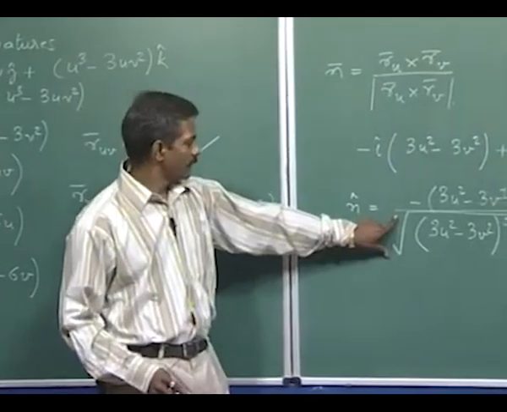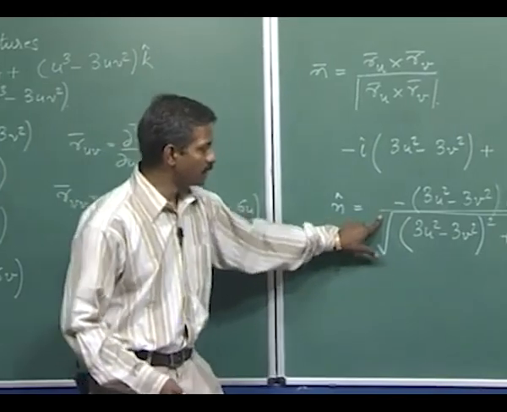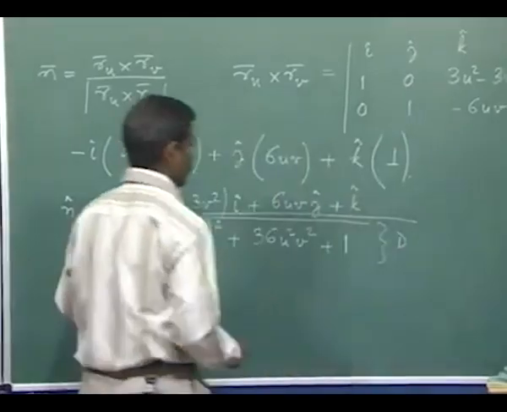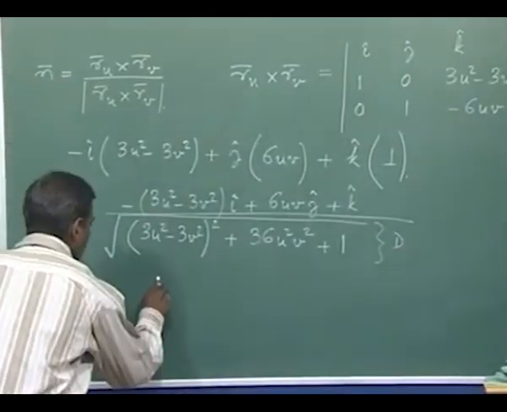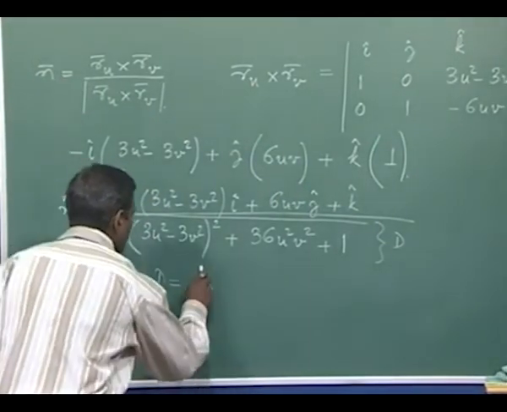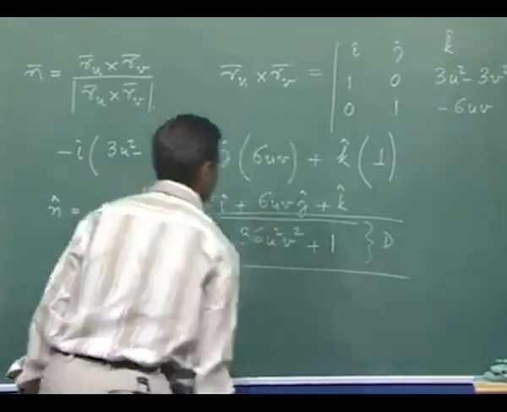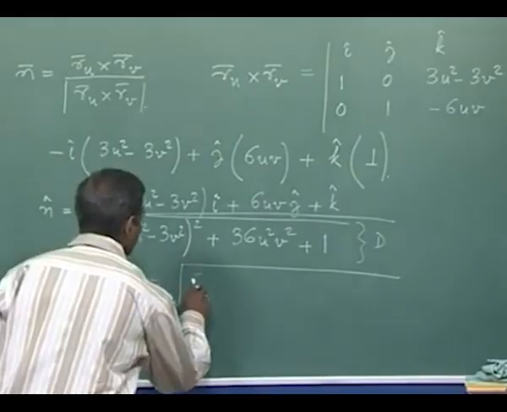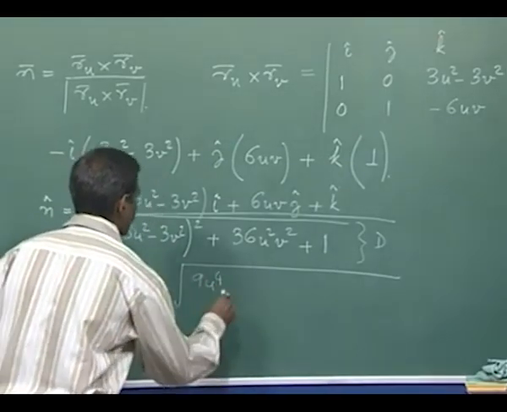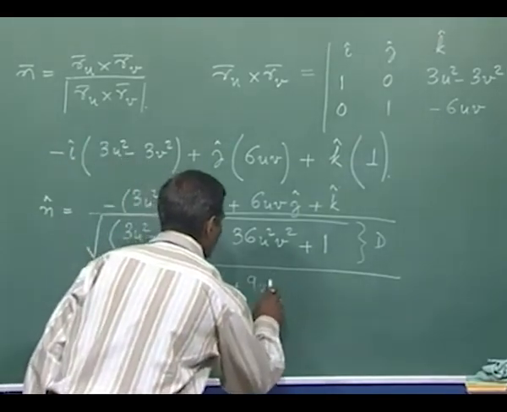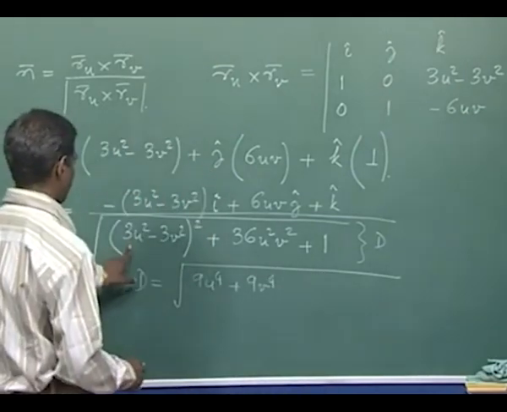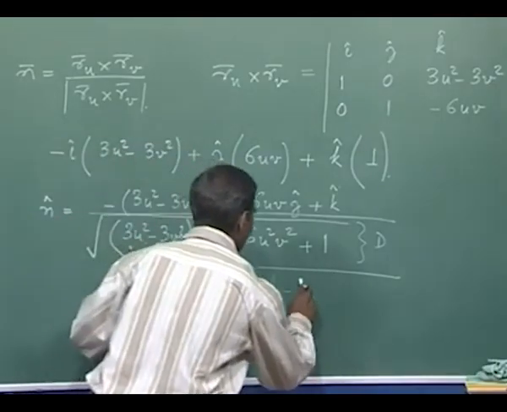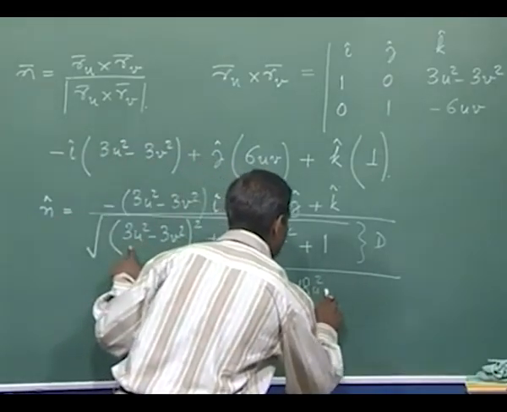Let me write this denominator as d, and I can simplify d as the square root of 9u^4 plus 9v^4 minus 18u squared v squared.